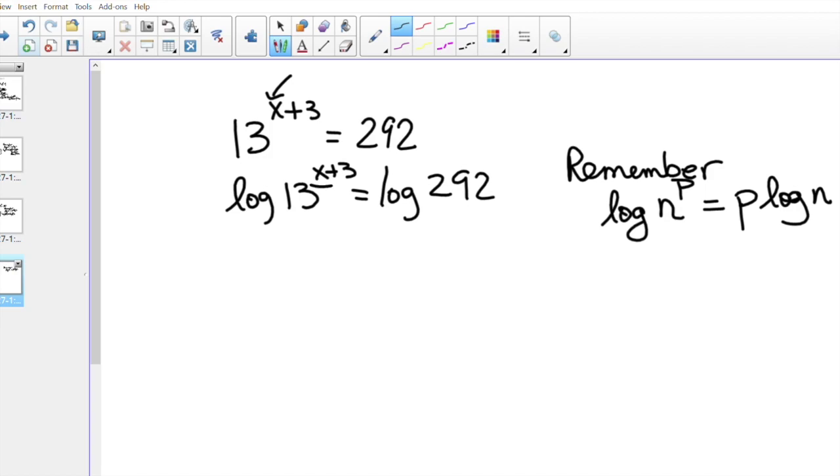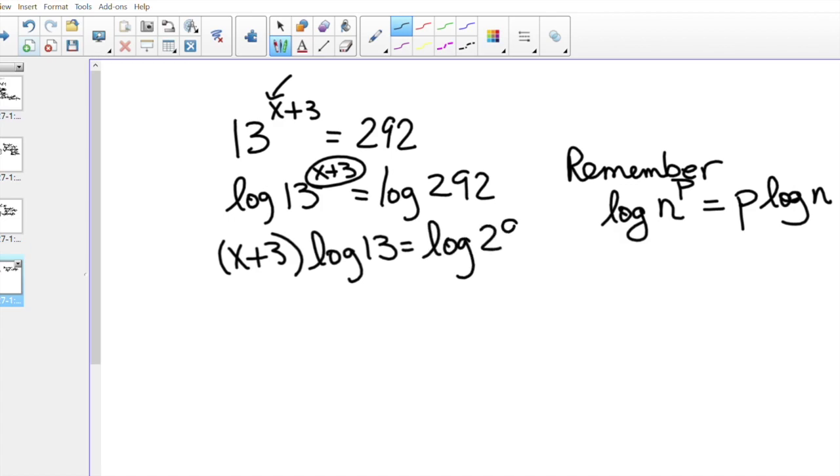So, that is a power. X plus 3 is a power. So you would write x plus 3 log 13 equals log 292.